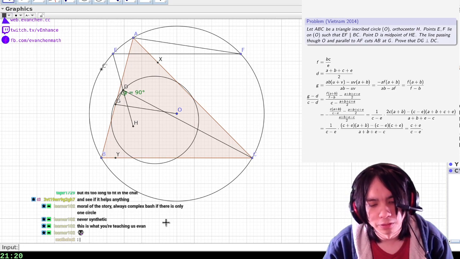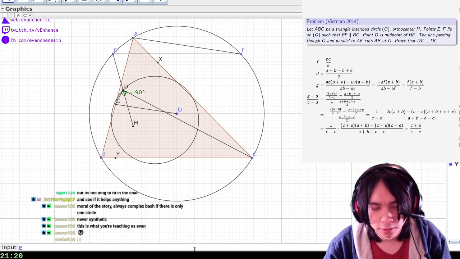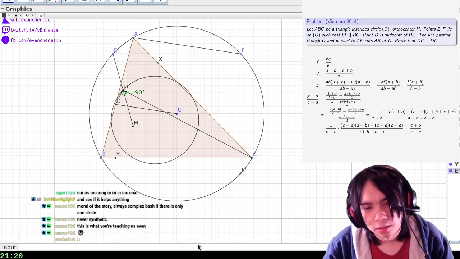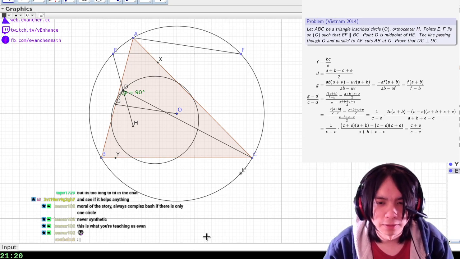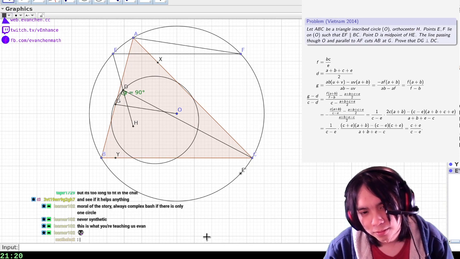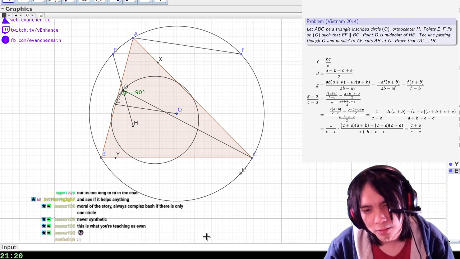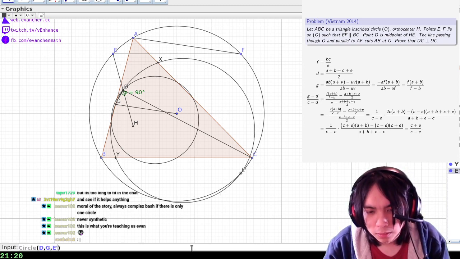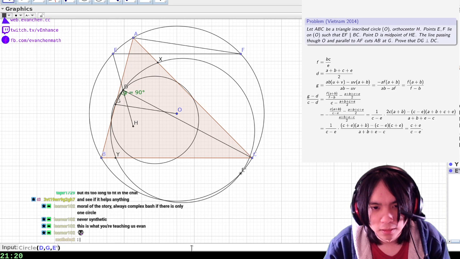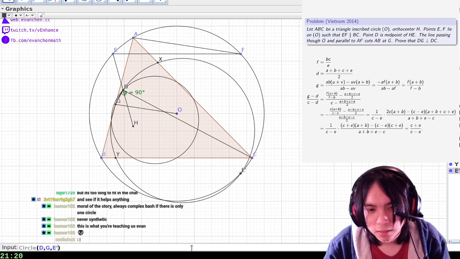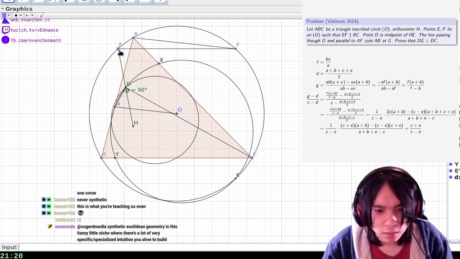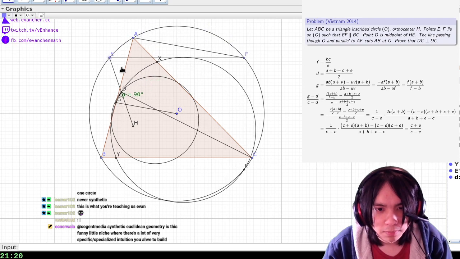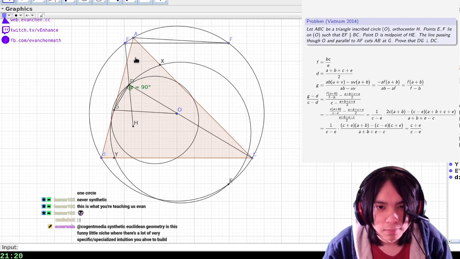No, it points this way. This one points the wrong way. I want the other one? E prime? No, they're still inversely. Never mind. Well, actually, hang on. Close.